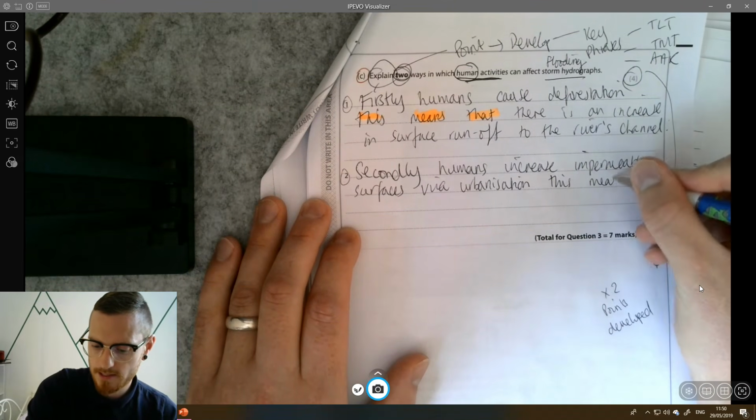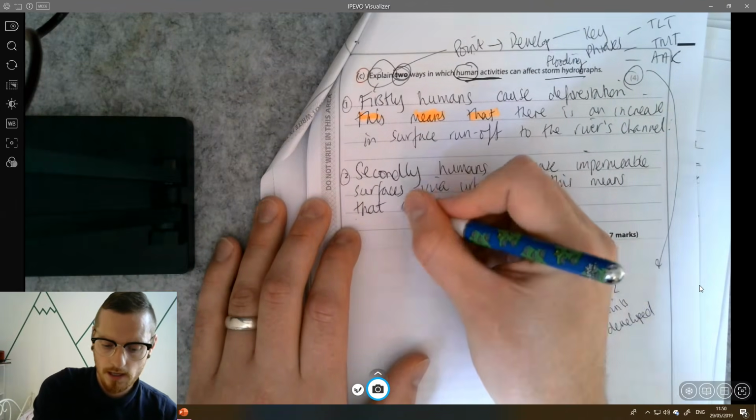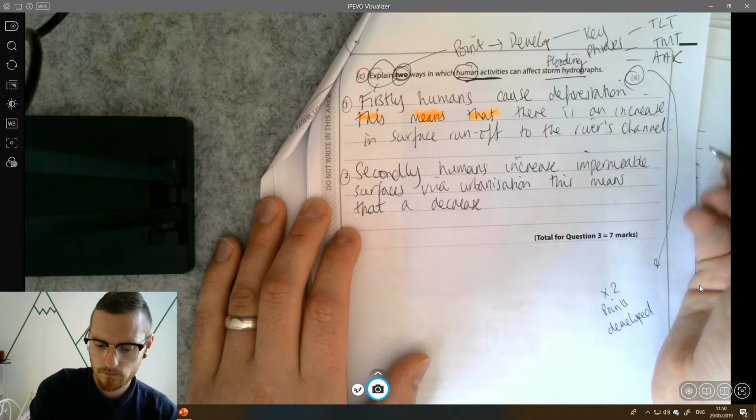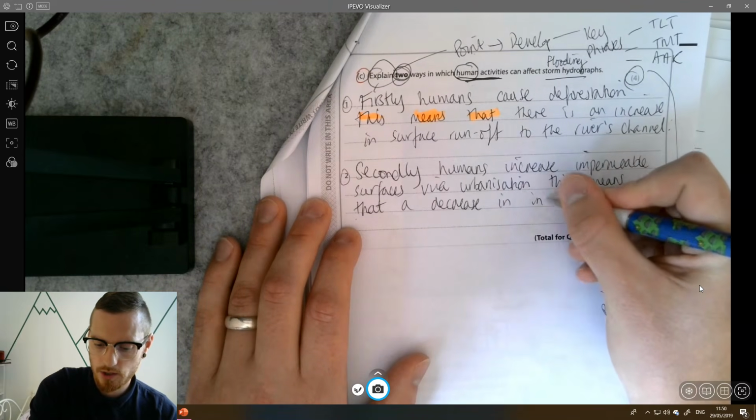This means that, I've just used that again. I could have used as a result of this, leads to a decrease. This means that there is a decrease in infiltration.